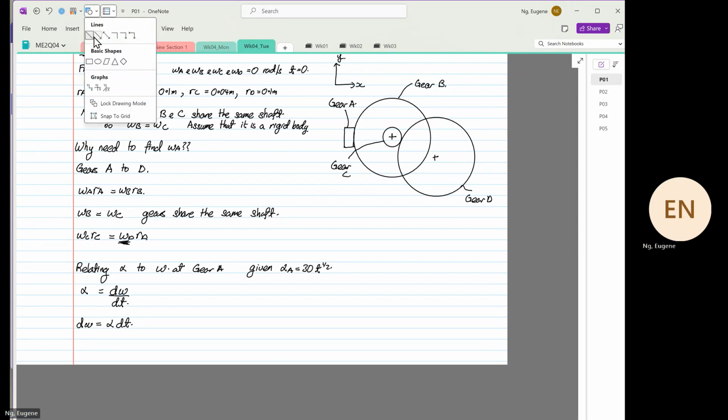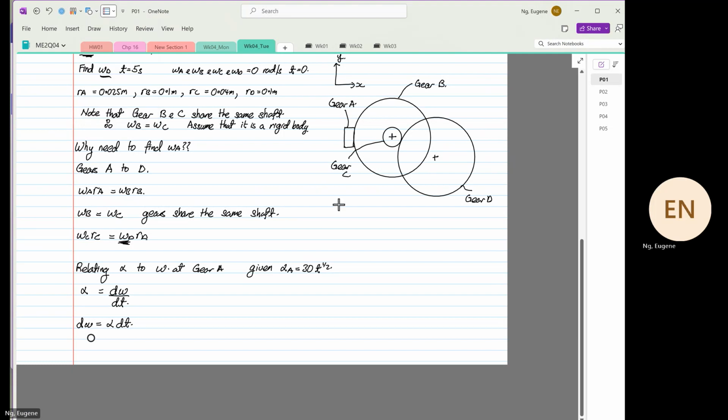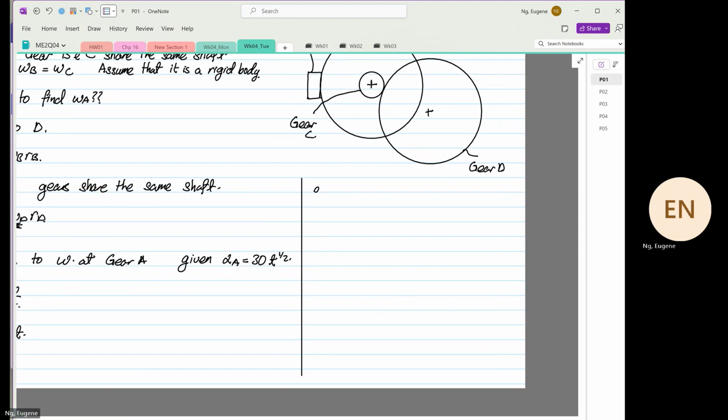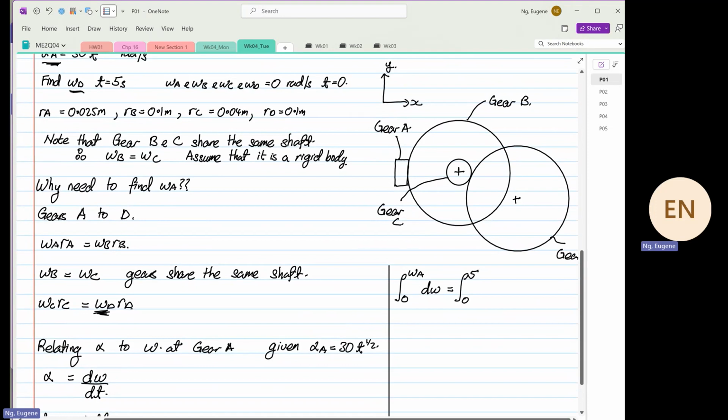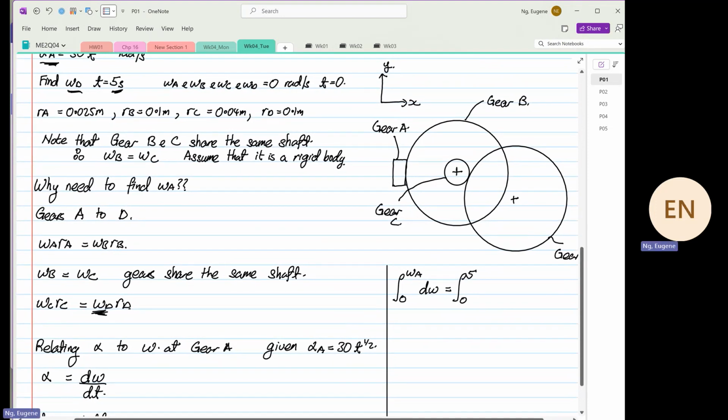We integrate from 0 to omega A with d omega, and then we integrate from 0 to the time 5. Why 5? We are given that we are going to find the angular velocity at point D after 5 seconds.